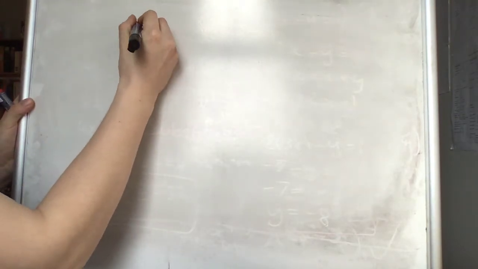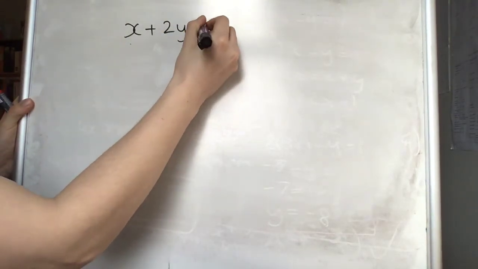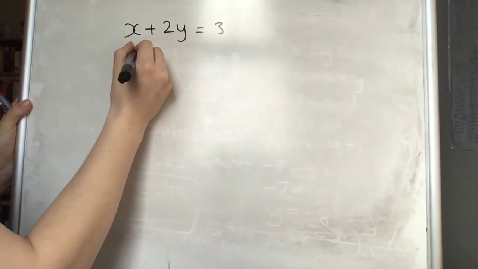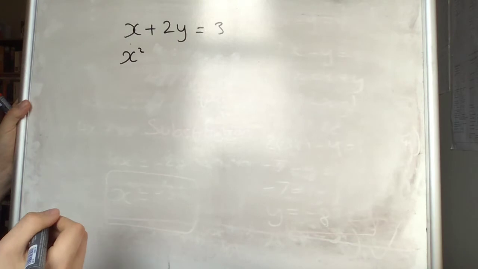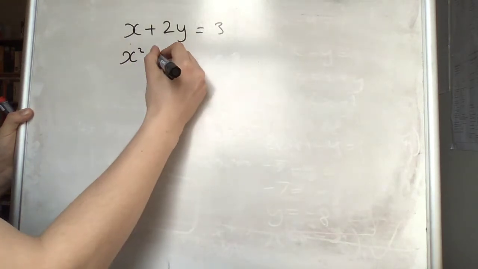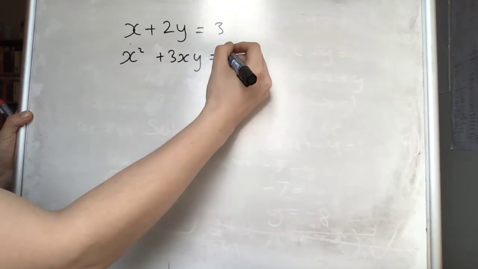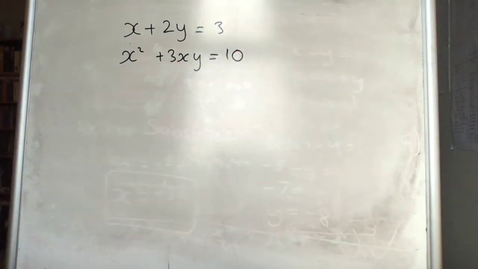So we're going to have one linear equation, which is going to be x plus 2y is equal to 3. And then we're going to have one quadratic expression, x squared plus 3xy is going to be equal to 10. Okay?